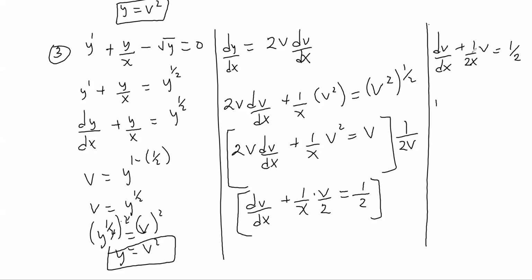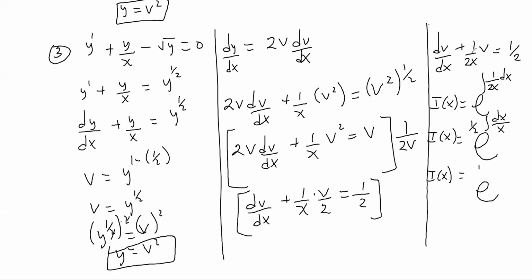So let us find our integrating factor. e raised to the integral of 1 over 2x dx. If I pull the half out, I will have the integral of dx over x, which is the ln. So we will have e raised to the half ln of x.